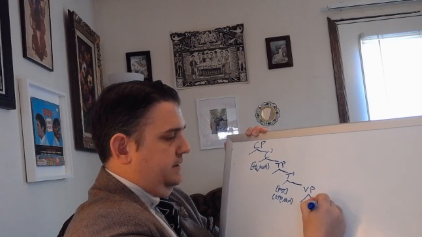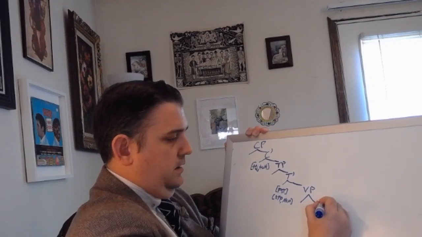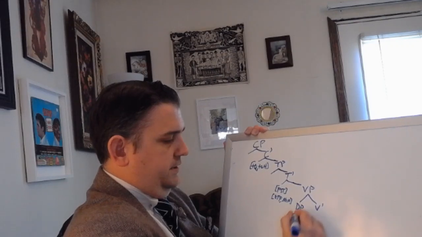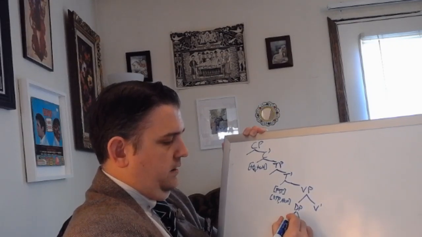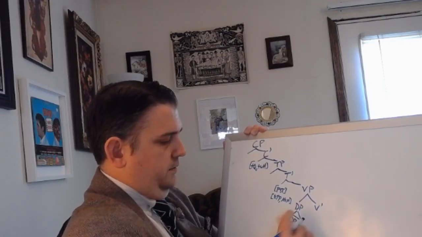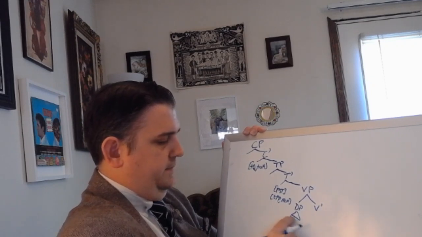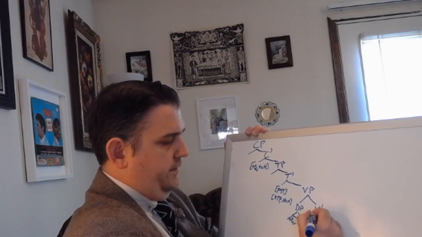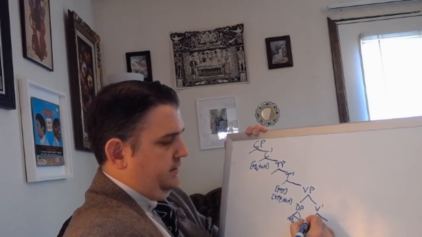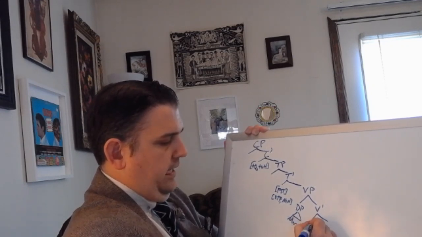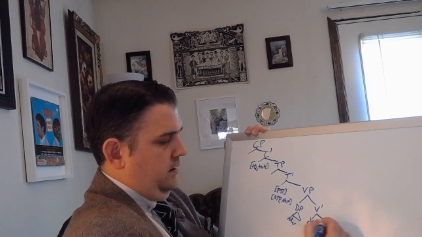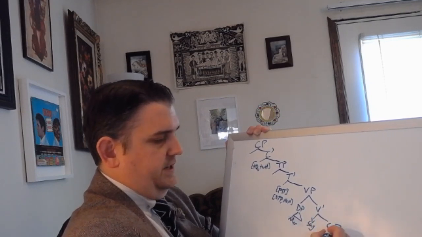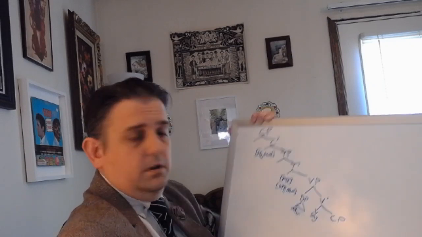That VP is going to contain our DP Mary, which is going to receive a theta role from the verb say, and a CP, which is receiving a propositional theta role.